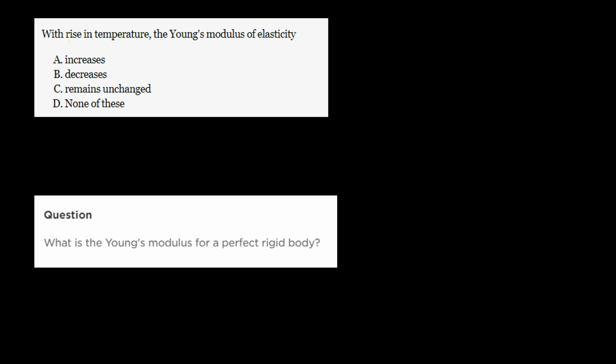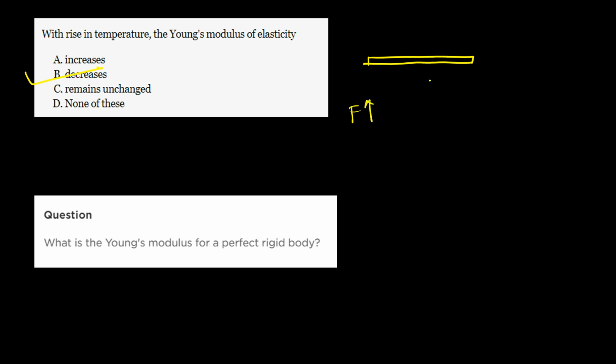Coming to the first question, with rise in temperature, the Young's modulus of elasticity increases, decreases, remains the same, or none of these. What do you think will happen? Decreases. Yes, it will decrease. Why? Because I can consider a steel like this. Now, if I have to deform it, it will take a large force.